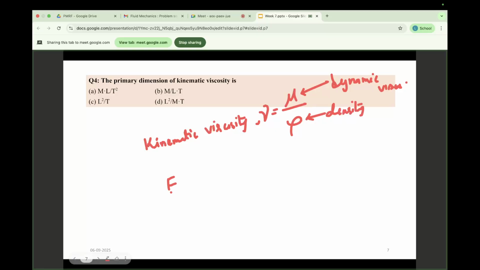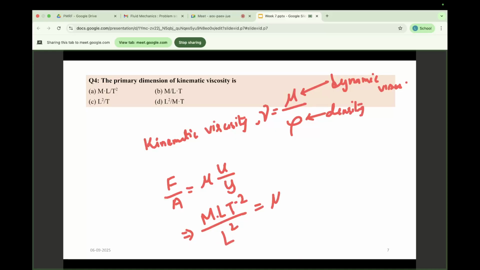You remember this formula, Newton's law of viscosity: tau equals mu du by dy, right? What is force? Force means mass into acceleration, which is this one, right? Area is this one. So you need to find mu first.